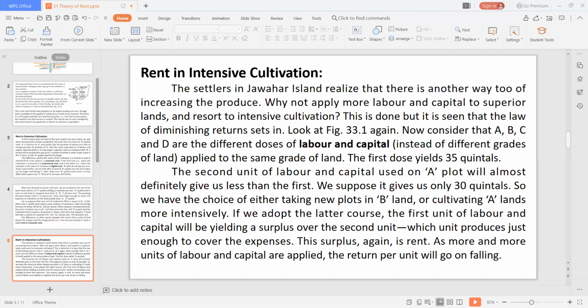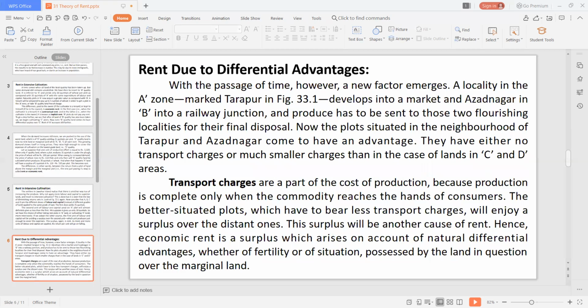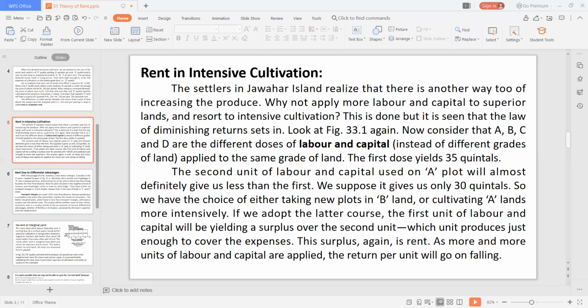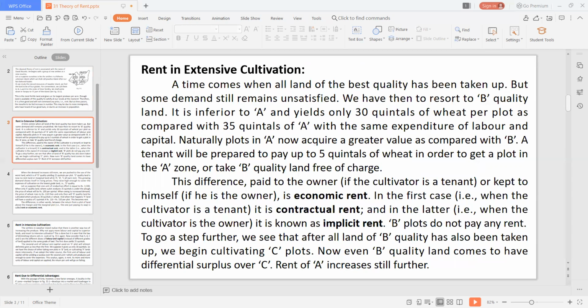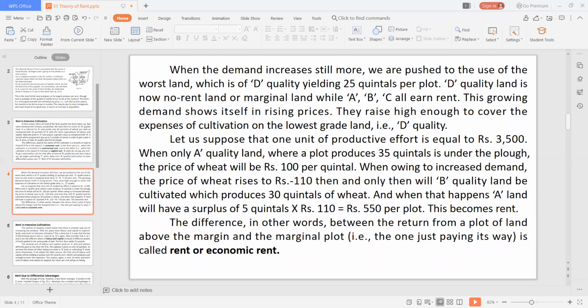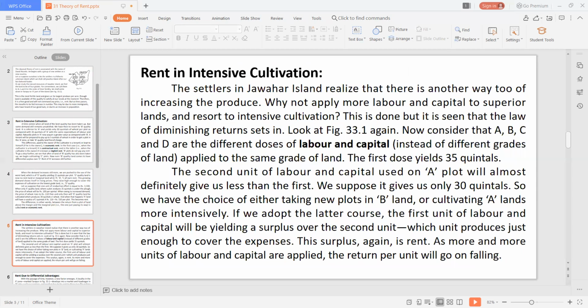So that is why, if you see figure 33.1, this is 33.1. A land is having more cultivation compared to B. B having more cultivation compared to C, and C as compared to D. So based on the fertility, it has changed.